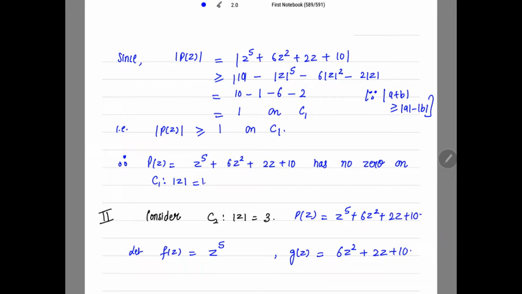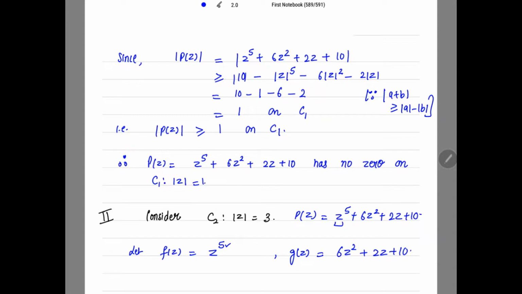Because I need all 5 roots inside C2, that's why I consider fz to be z to the power 5, right? If you consider 6z square, that means you are having 2 roots. If you consider 2z as fz, then you are having 1 root. How many roots we need? 5. That's why I have to consider fz equal to z to the power 5, because the power is 5. So I can get 5 roots, right?